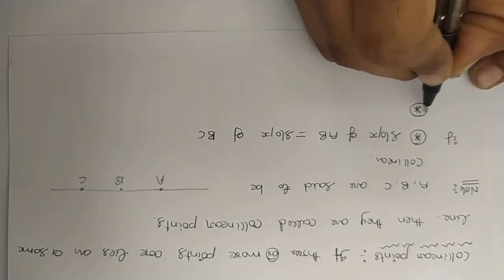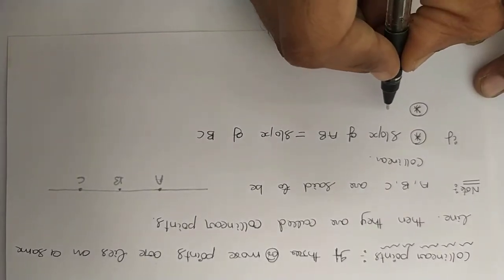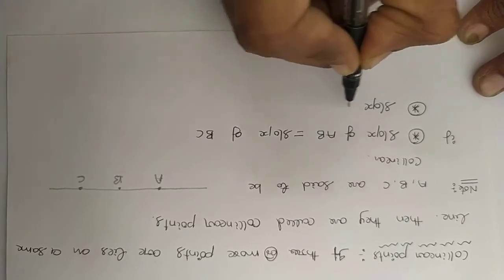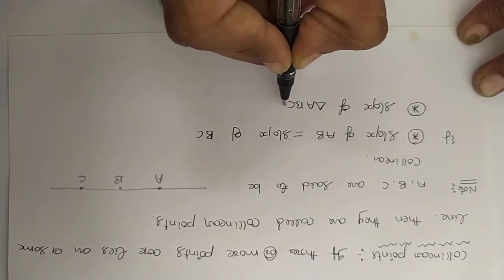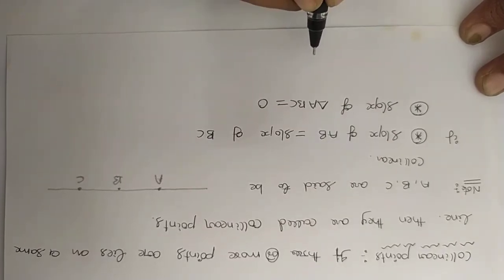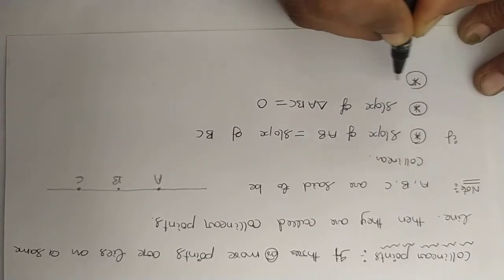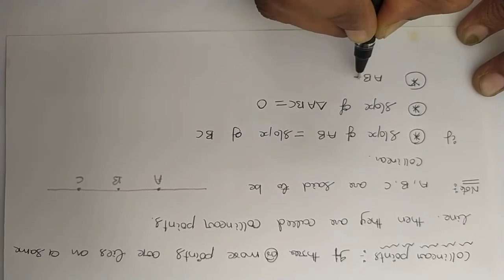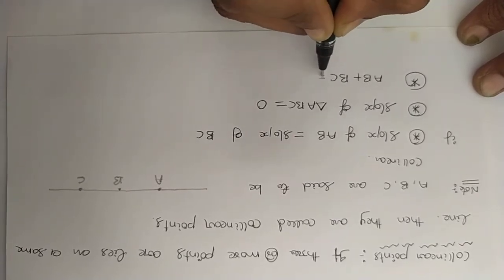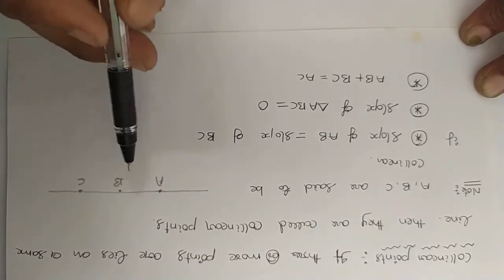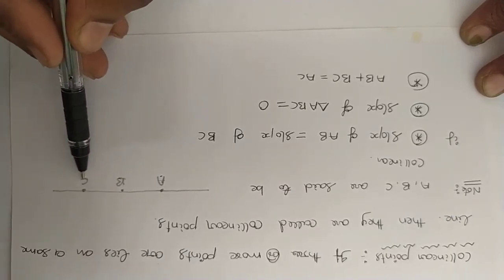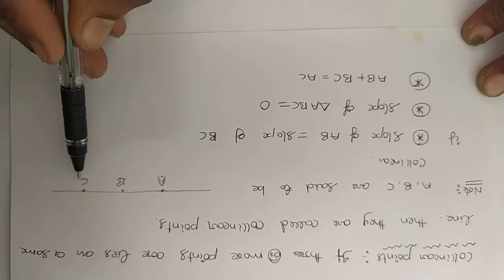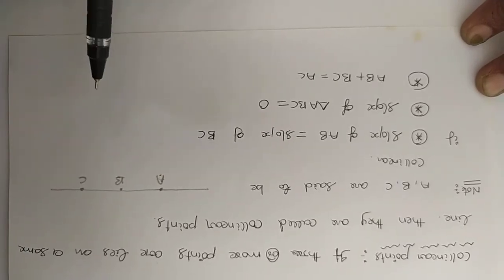Next, second condition, slope of triangle ABC must be equal to 0. Third condition, AB plus BC equals AC. The distance between A and B plus the distance between B and C must be equal to AC, the distance between A and C.